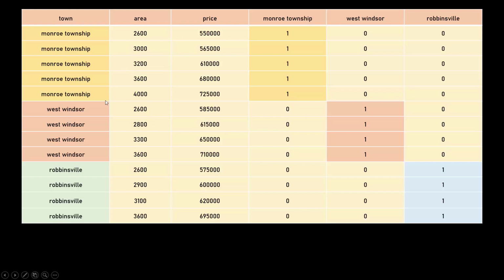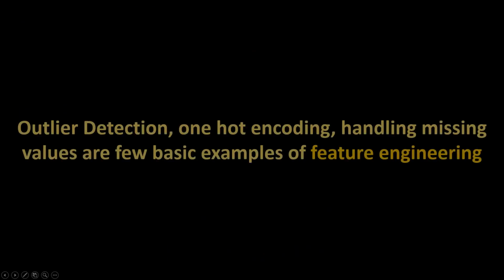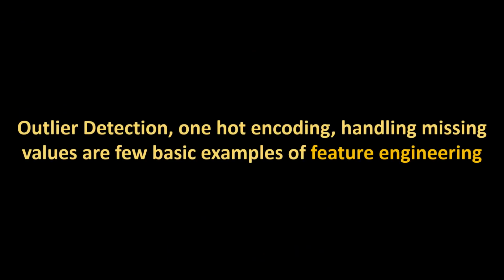We converted this text column into these 3 numerical columns, and this process is called one-hot encoding. So these 3 techniques that we covered, which are outlier detection, one-hot encoding, and handling missing values, are a few examples of feature engineering.